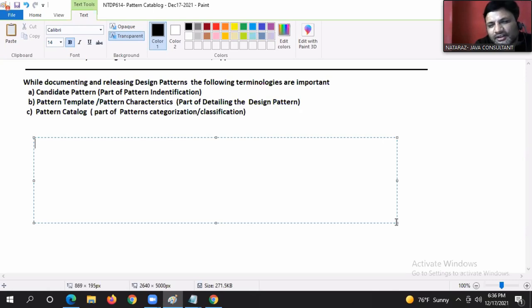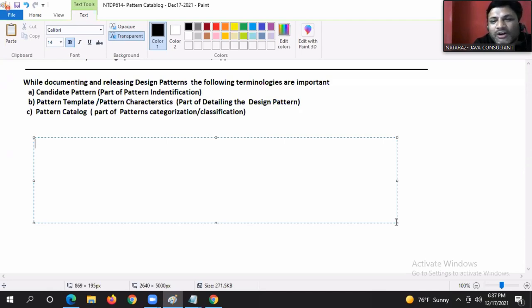Then whatever solution you got, that is a design pattern. But first of all, you will name it, you mark it as a candidate pattern. Candidate means in future it may become a design pattern, but as of now, for you, it's a candidate pattern.